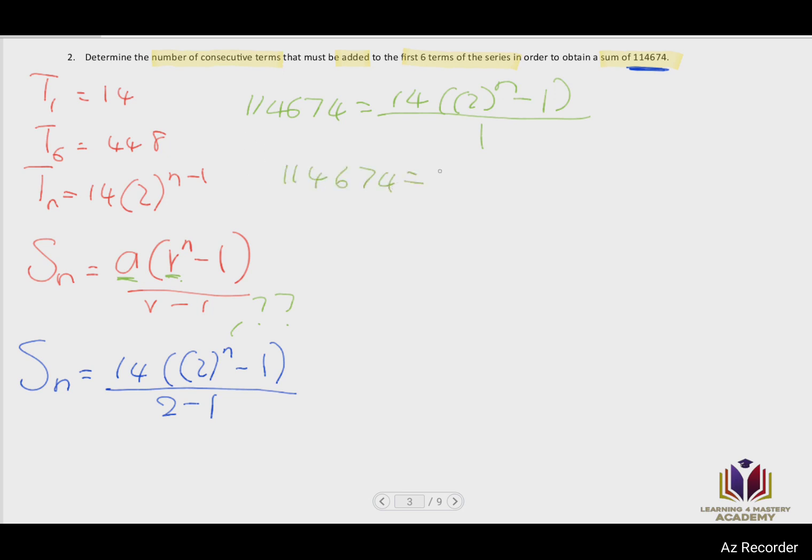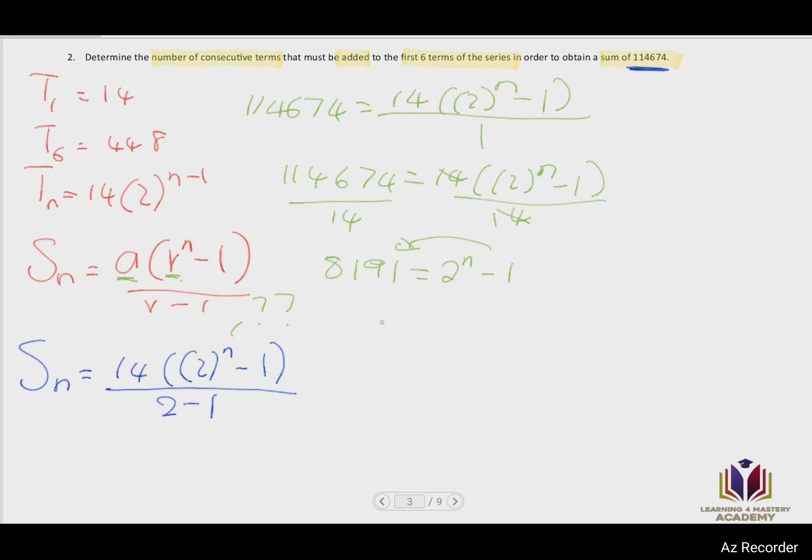So then we're going to have 114,674 equals 14(2^n minus 1). We divide both sides by 14. This cancels that. Then we have 114,674 divided by 14. I'm now punching this in my calculator. It gives me 8,191, which equals 2^n minus 1. I then transpose the 1 to the other side.